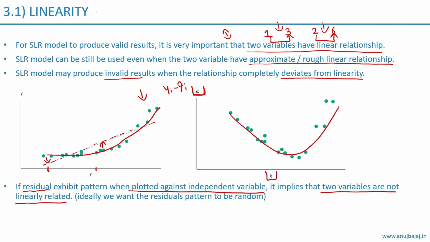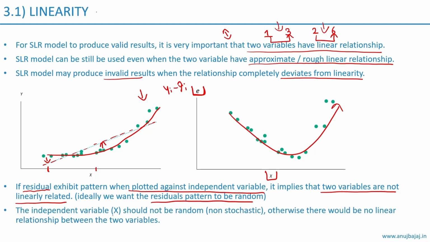If we see a certain pattern, as we can see in this case, then this implies that the independent and dependent variables have a non-linear relationship. Ideally, we want the residual pattern to be random. This implies that there exists a linear relationship between the two variables.